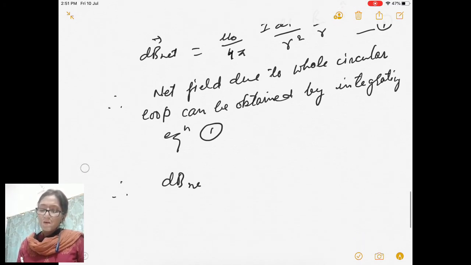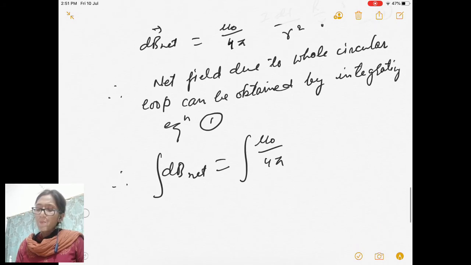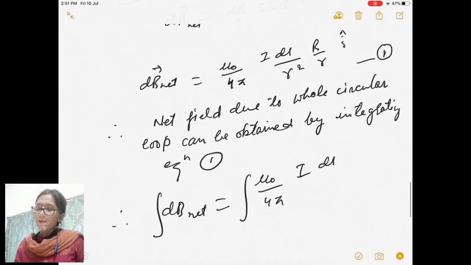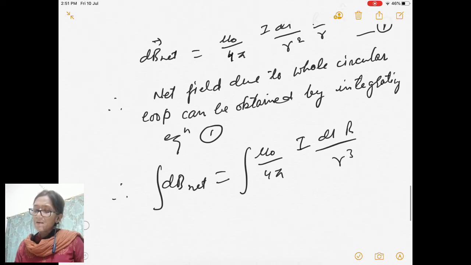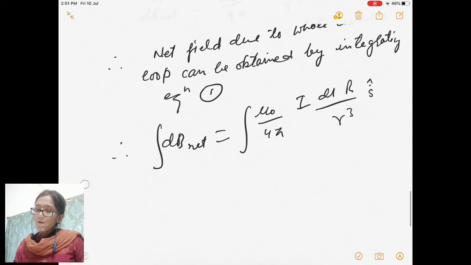Therefore, B net is equal to the integration of mu naught upon 4 pi I dl, R upon r cube. And what is r?